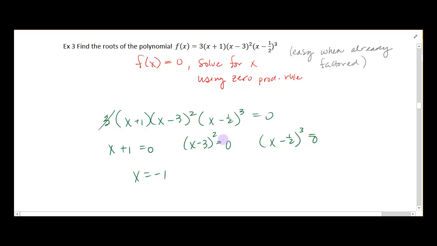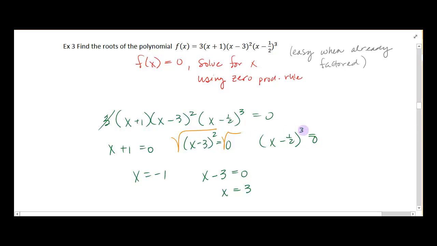This second equation, in order to solve this, I can use the square root property, which says I can take the square root, since I'm squaring this. When I take the square root of both sides, it just gives me what was inside of those parentheses. x minus 3 equals 0. Therefore, x is equal to positive 3. And we can apply the same principle over here.